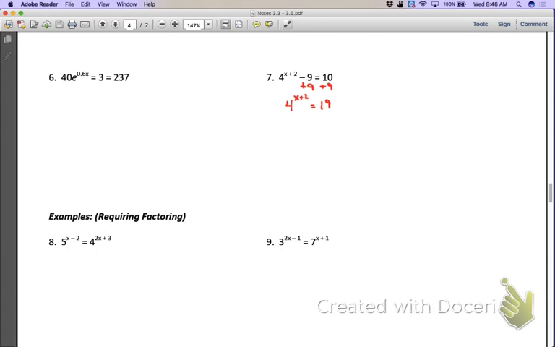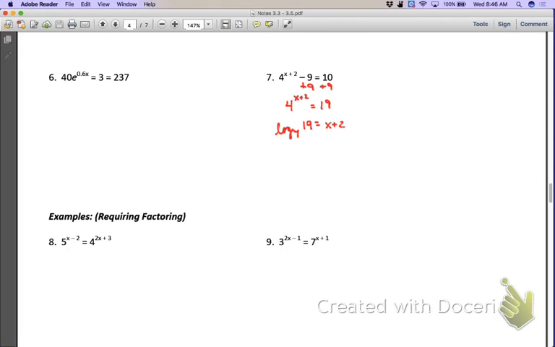I still treat everything the same way. I'm still going to turn this into a logarithm. I'm still going to go log base 4 of 19 equals x plus 2. Now, I'm not going to do anything with the x plus 2 until the very end.